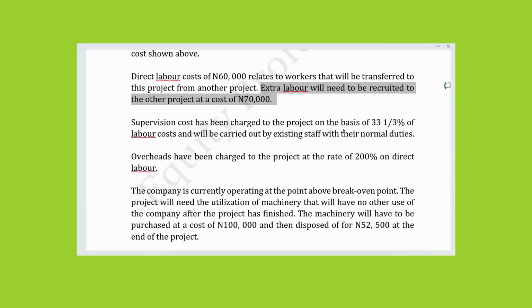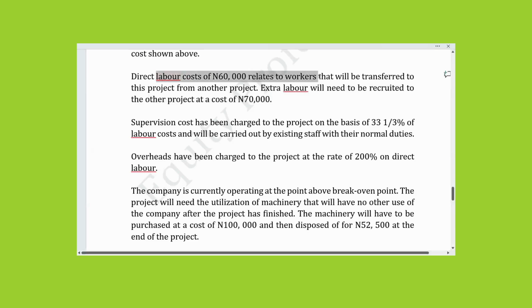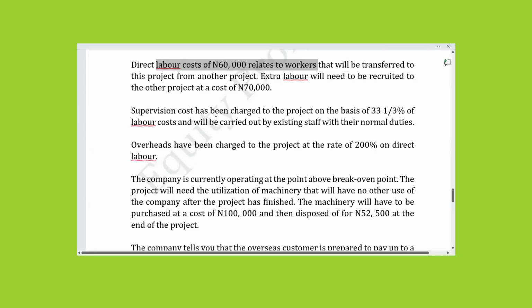Where they are currently working, that place will be vacant, and that's why the company needs to recruit extra labor to replace them. So this 70,000 naira is relevant. I will then come here: extra labor cost.